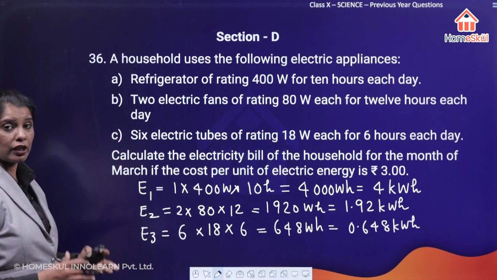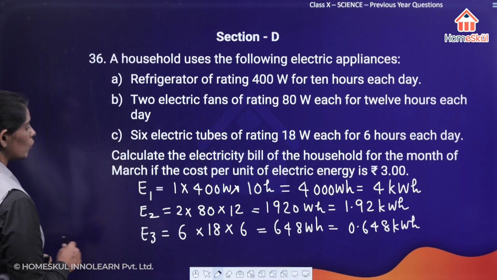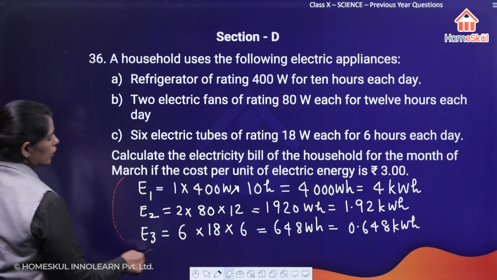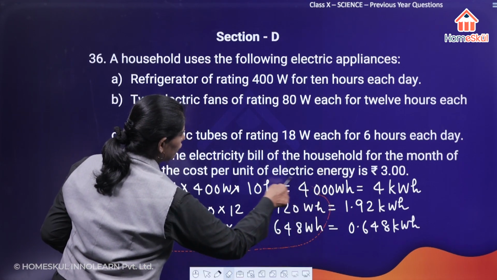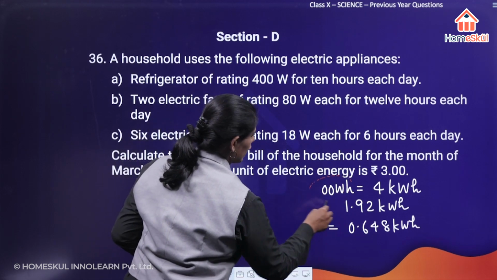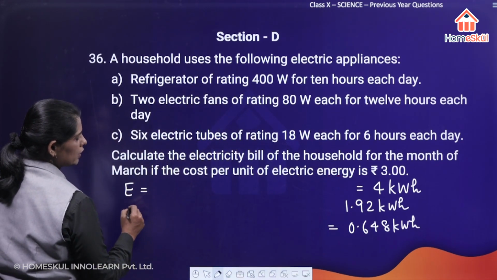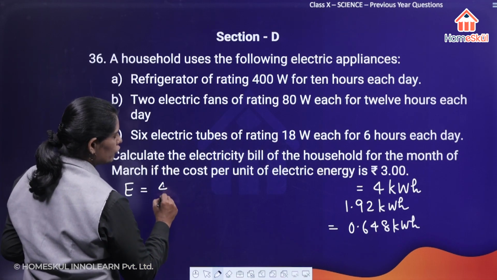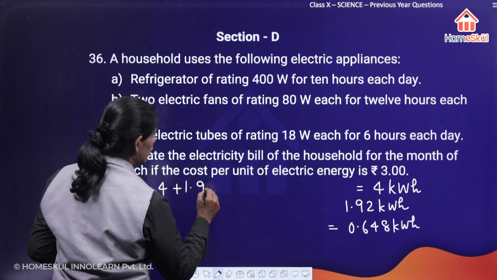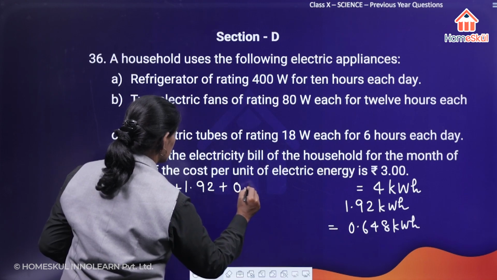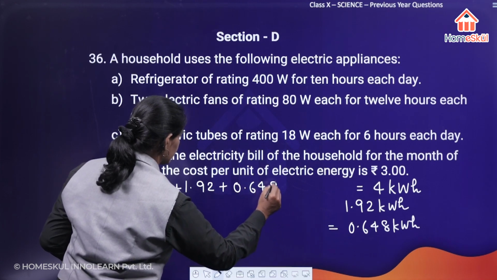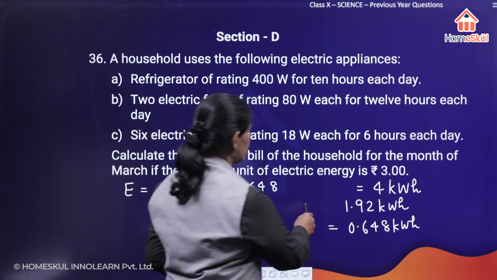Now we have to calculate the total energy. So what will be the total energy? Total energy will be the sum of these energies, right? So total energy E equals E1 plus E2 plus E3, that is 4 plus 1.92 plus 0.648. So let's add it up here.